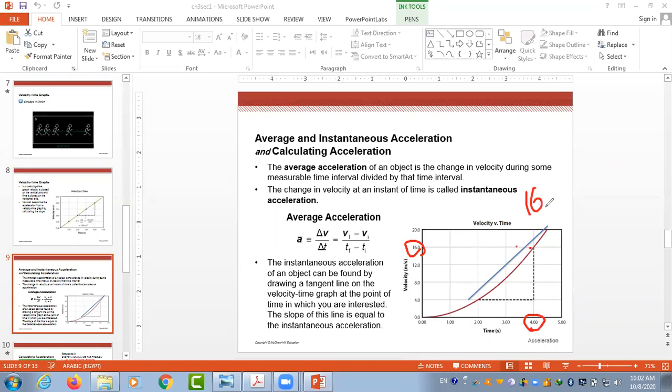So 16 divided by 4 is 4 meters per second squared. So what you did here, you calculated the acceleration, but what's the difference? You calculated the instantaneous acceleration. Why? Because you have only one instant, at a specific time. So we call it instantaneous. The change in velocity at an instant of time is called instantaneous acceleration. Okay.